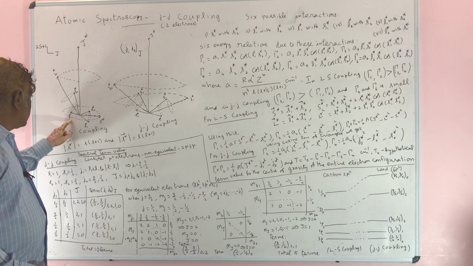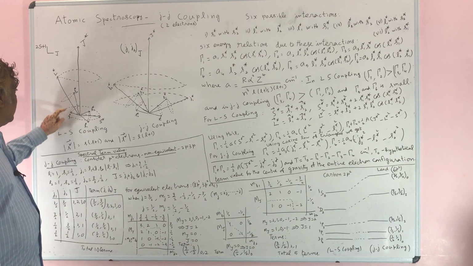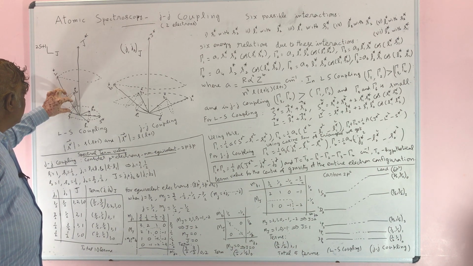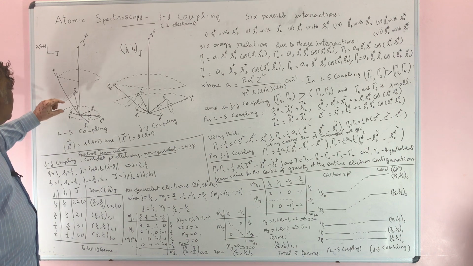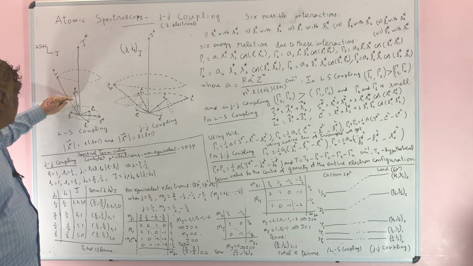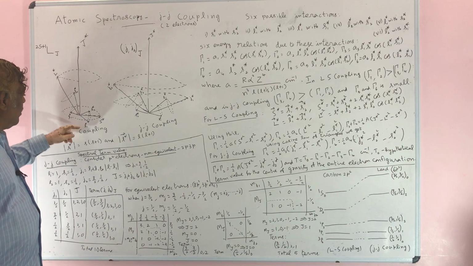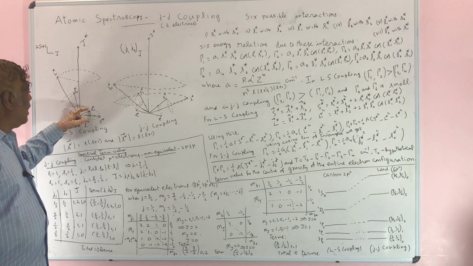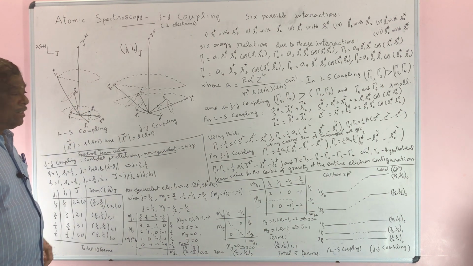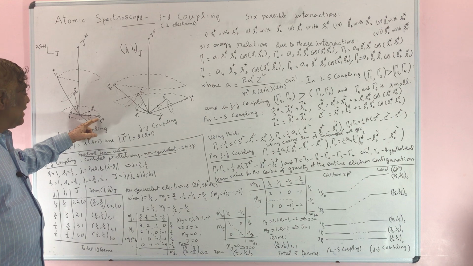So L1 star and L2 star are the orbital angular momenta of the first electron and second electron, and they couple to give a resultant value L star. L1 star and L2 star precess about this resultant L star. Similarly, the spin angular momenta S1 star and S2 star of the first and second electron couple, and we get the resultant S star.